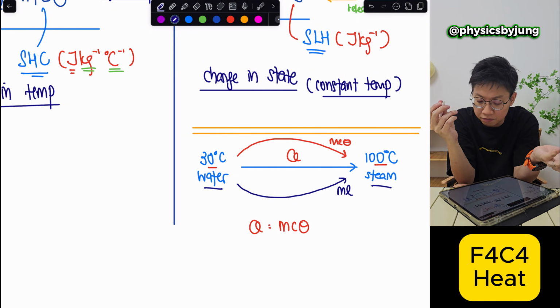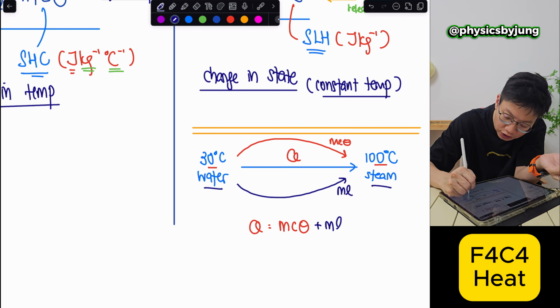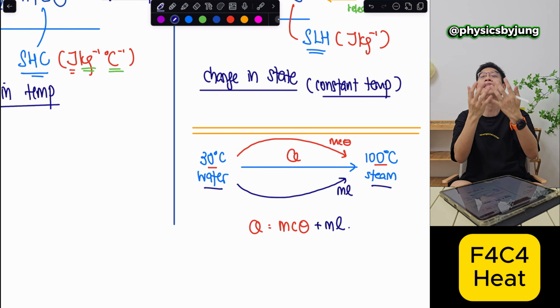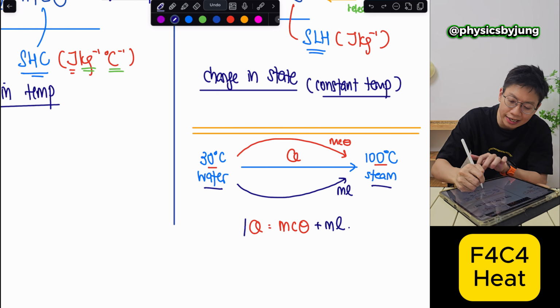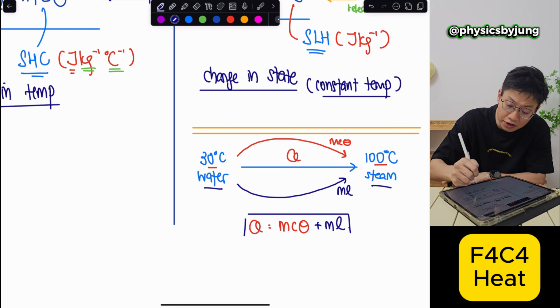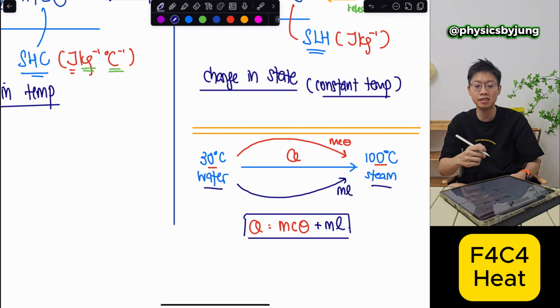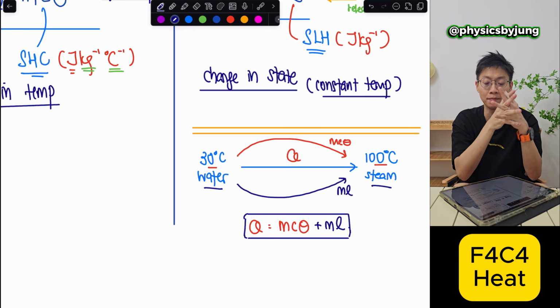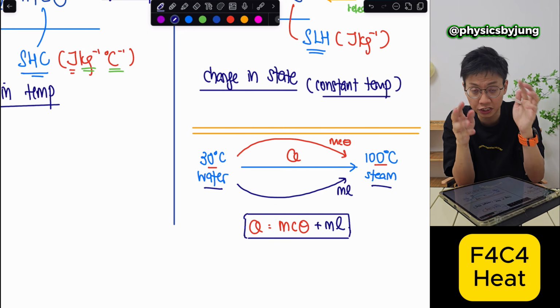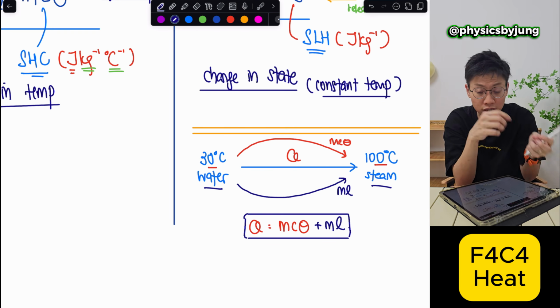Mass times your latent heat. So always check if there is a hidden latent heat inside. Is there a hidden change in latent heat? This one is very important, guys, really very important. mc theta plus ml. mc theta plus ml. Because there's water, there's a change of 70 degrees Celsius and then there's a water to steam change.